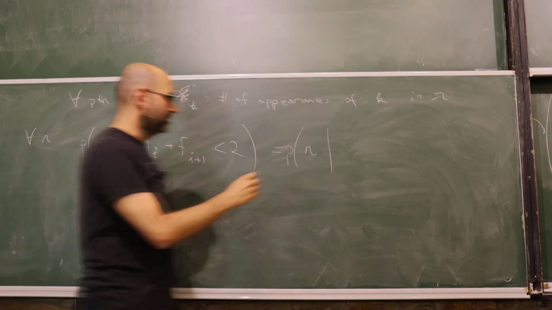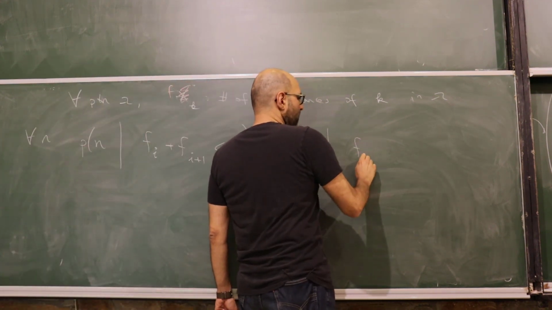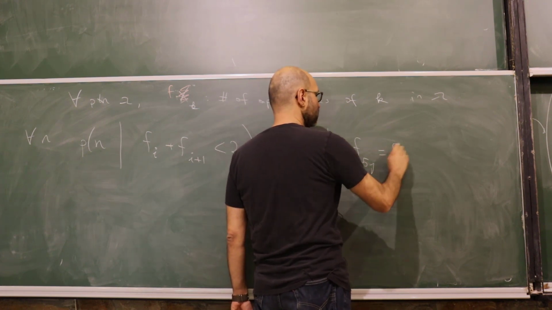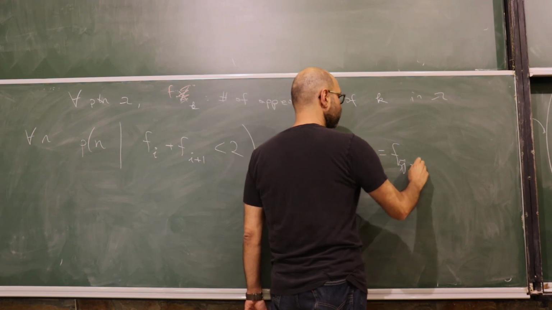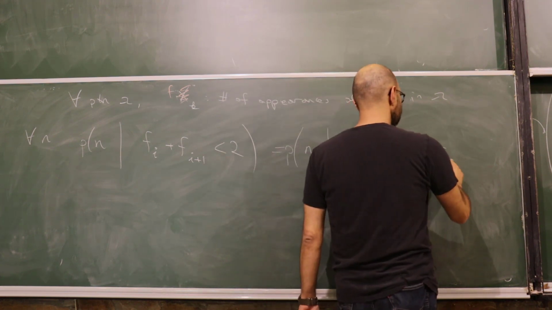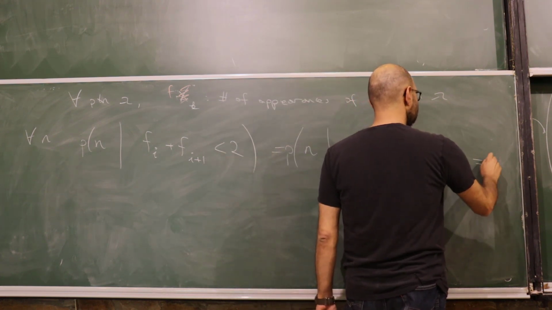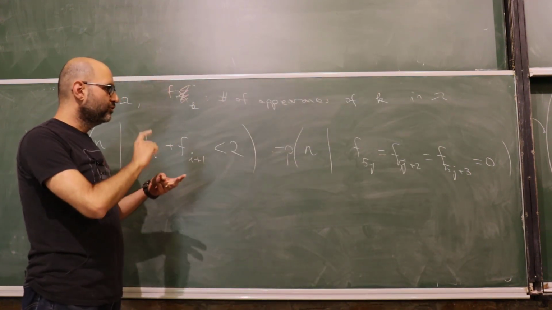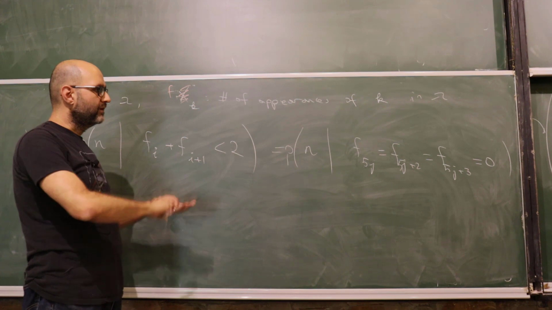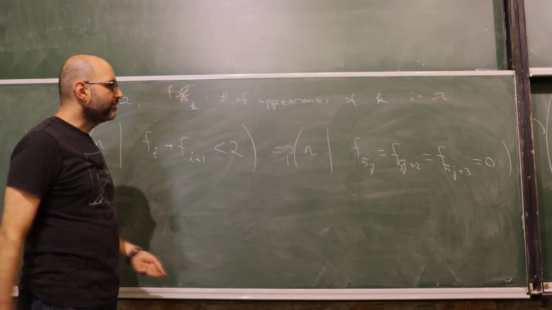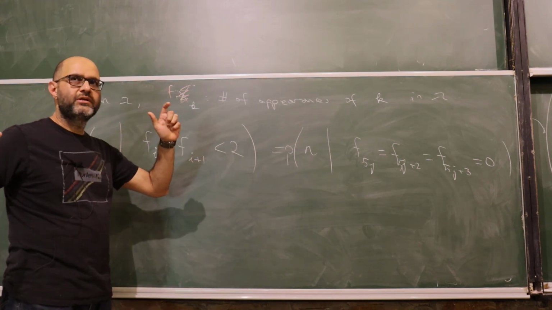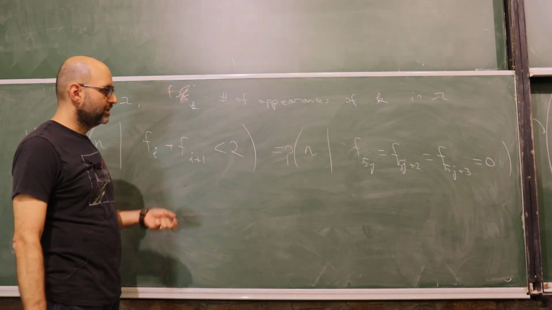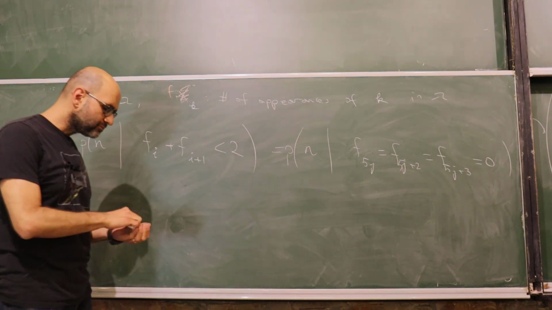Let's write the congruence condition as well. f of 5j equals f of 5j plus 2 equals f of 5j plus 3 equals 0 for all j. So we don't have any multiples of 5, 2 more than multiples of 5, 3 more than multiples of 5, so we are left with residue classes 1 or 4 modulo 5. So this is the Rogers-Ramanujan identities.